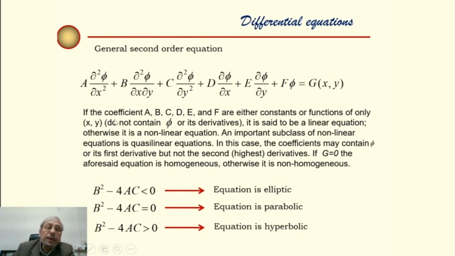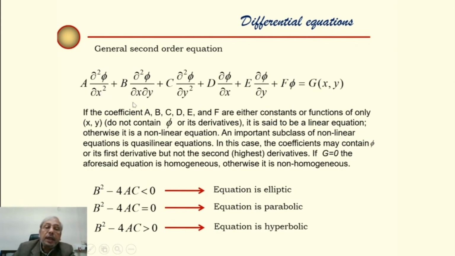If the coefficients A, B, C, D, E and F are either constants or functions of only x and y, and do not contain φ or its derivatives, it is said to be a linear equation.